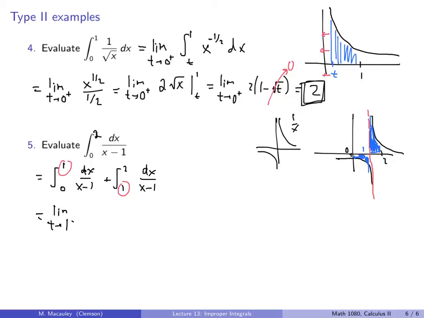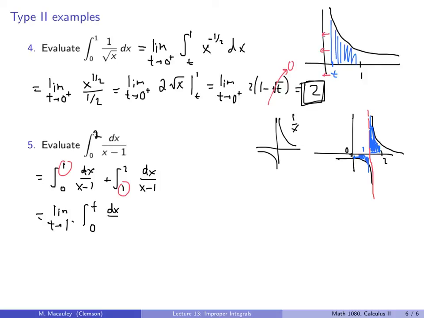Now in this one we're approaching 1 from the left-hand side. I'm going to write the integral first. So this is the integral from 0 to t of dx over x minus 1.